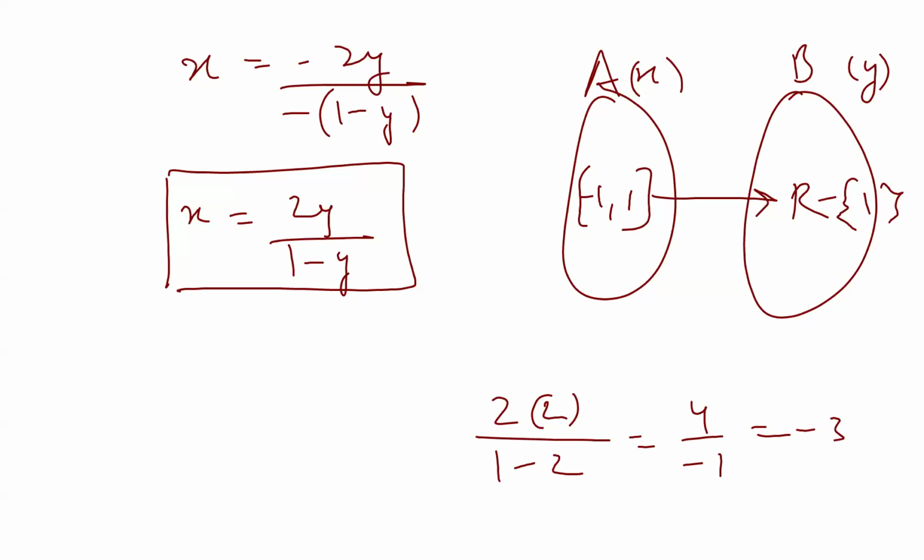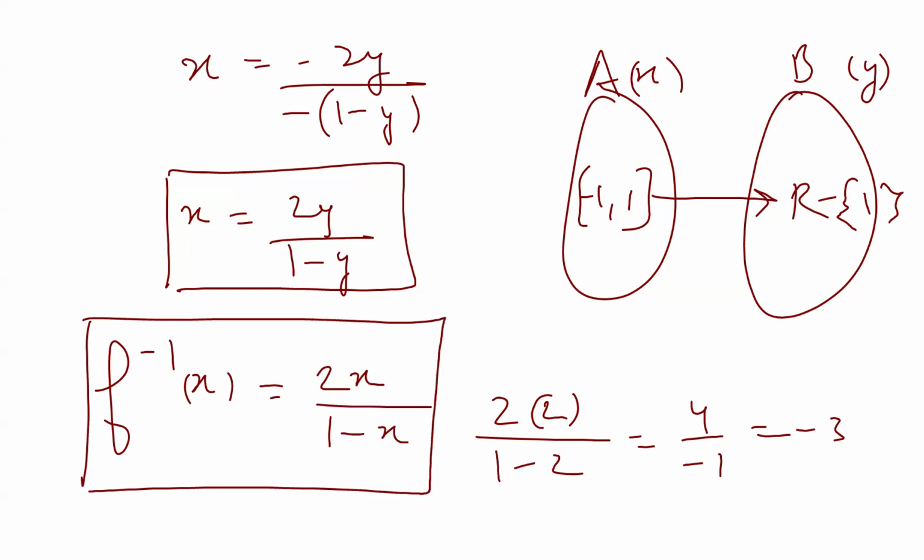They should not have framed it in such a way. Still, they're asking you to find the inverse. So if such a problem comes, just write down x in terms of y, and then you can write this. But the problem does not make any sense because it's not onto, right?